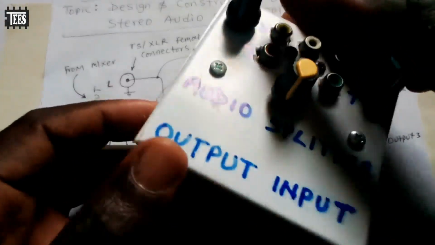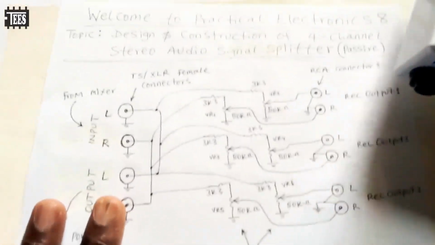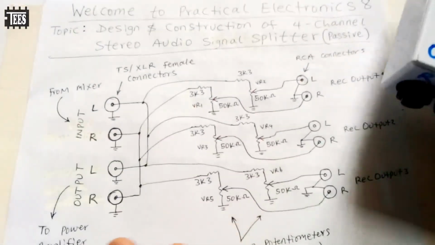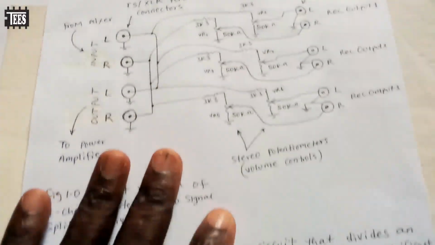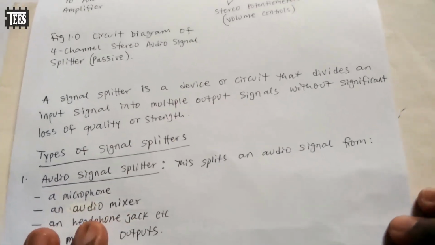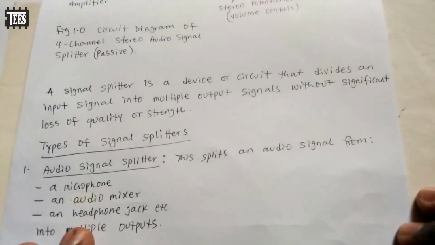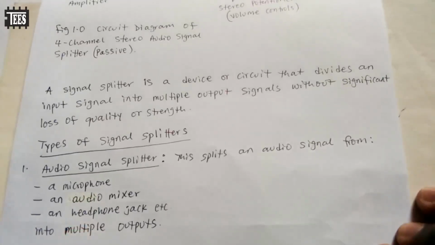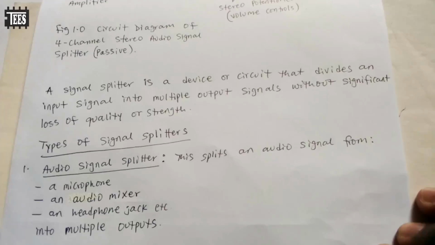So before we take a look at our circuit, let's take a look at this. A signal splitter is a device or circuit that divides an input signal into multiple output signals without significant loss of quality or strength.